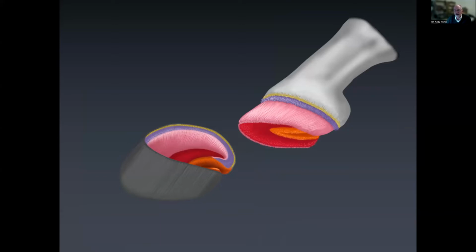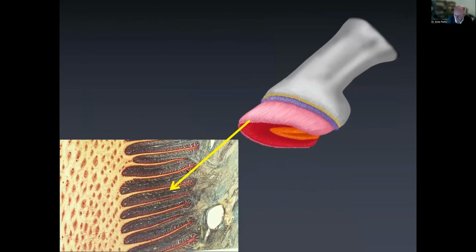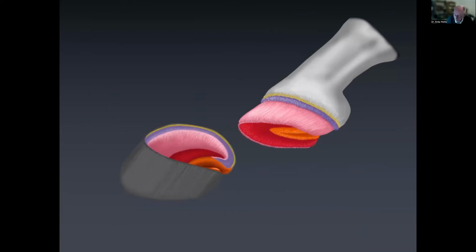And each of these colors in this picture represents a different type of tissue that forms the skin of the hoof. So these three here form the coronary band.